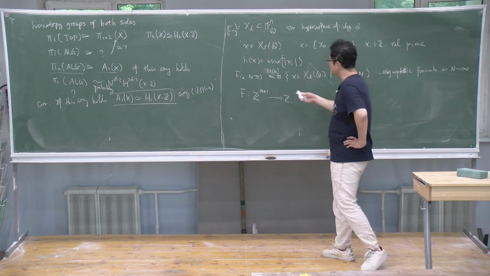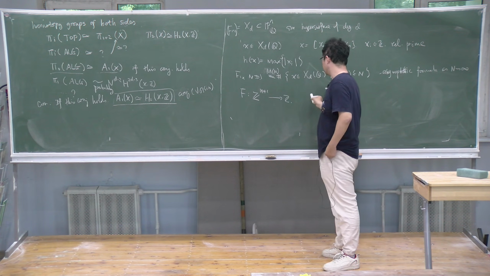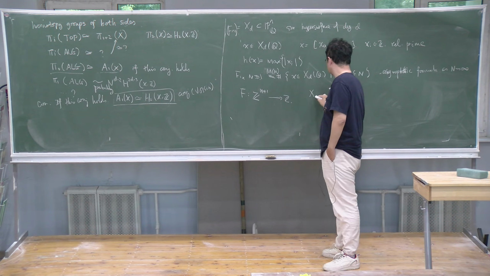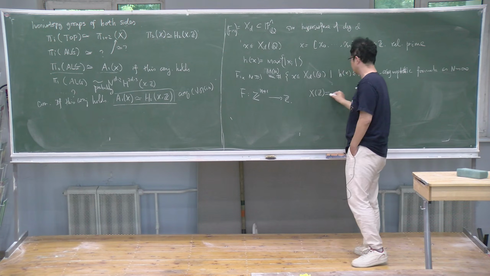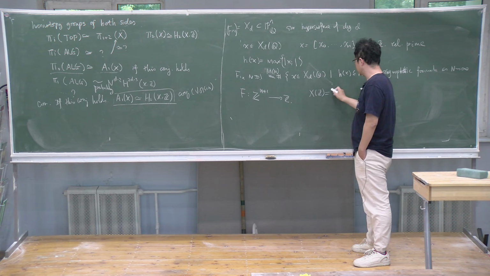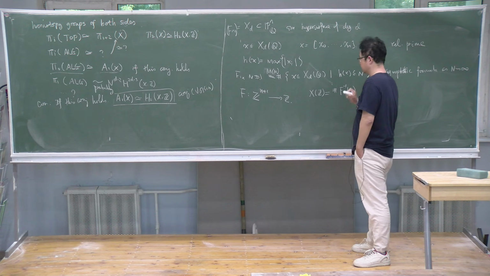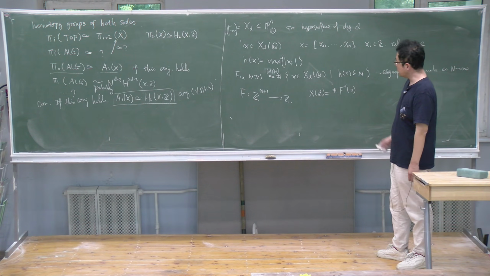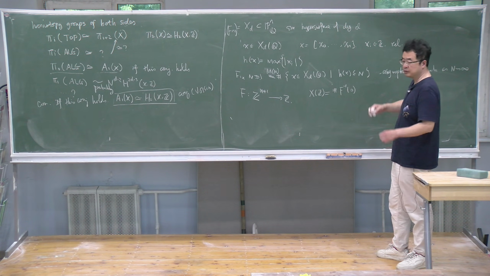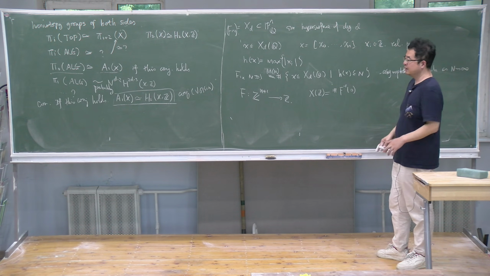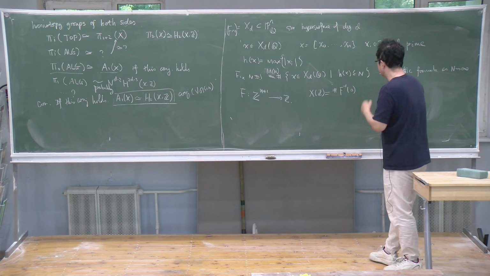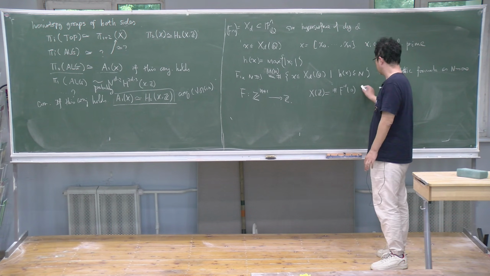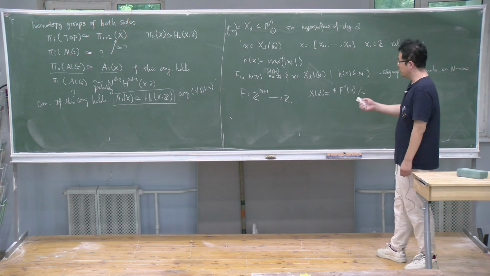So then the Z-points are just the inverse image of 0, modulo some equivalence relation.